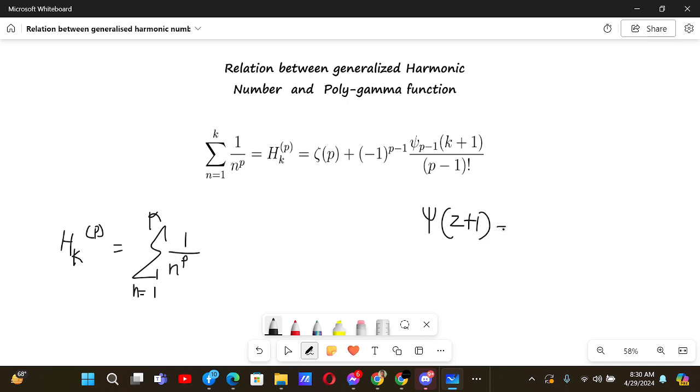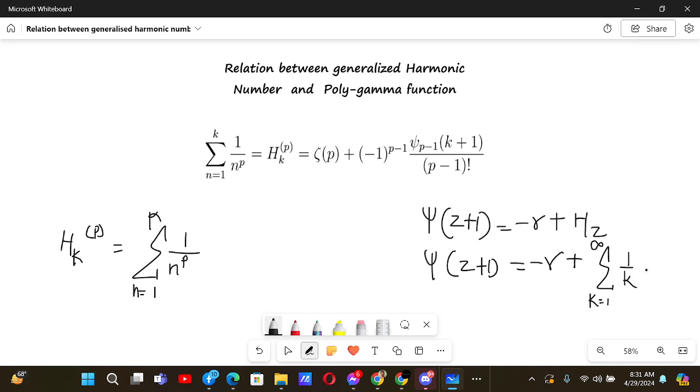And the polygamma function is basically, we know that the digamma function of, let's say, g plus 1 is defined as negative of the Euler-Mascheroni constant plus the gth harmonic number. This is actually the definition of the digamma function, and we know that the gth harmonic number can be written as negative Euler-Mascheroni constant plus the sum going from k equals 1 to infinity of 1 by k minus 1 by k plus g.